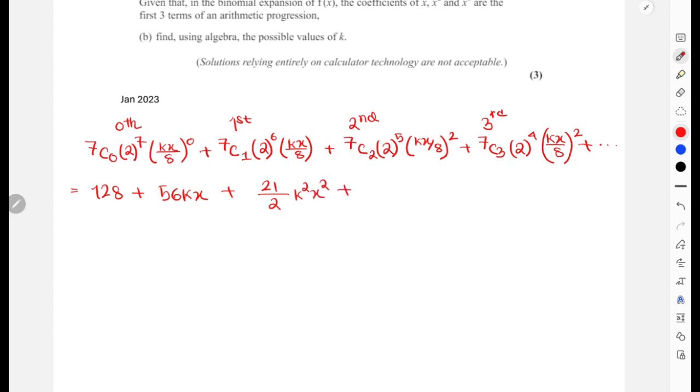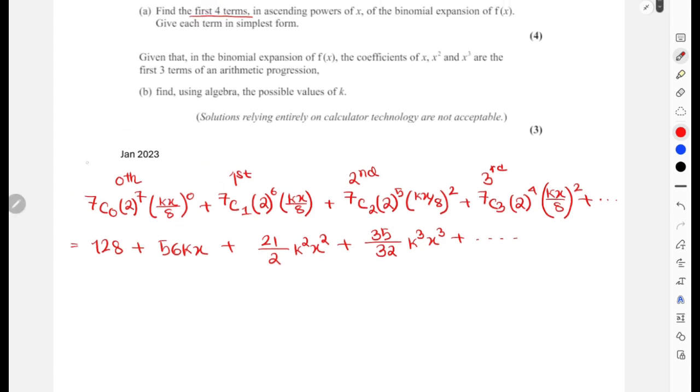And then for the third term, you're going to get 35/32 k cubed x cubed plus dot dot dot. We're going to do this dot dot dot because this is a continuation process. This was supposed to be broken down up to the 7th term, but we're only doing this for the first 4 terms because up to this much we are asked to in the question.